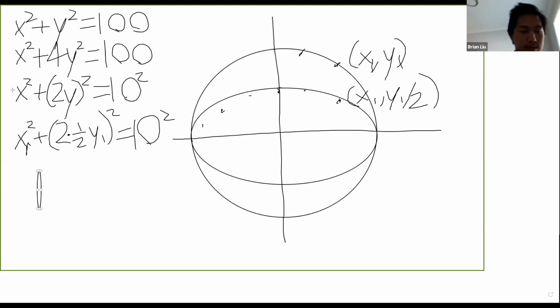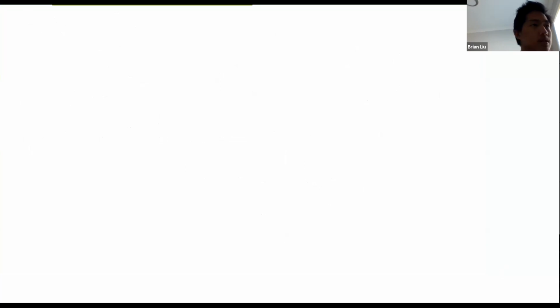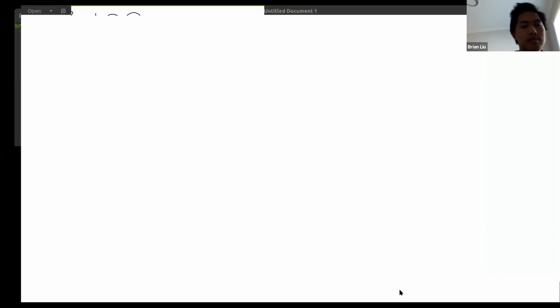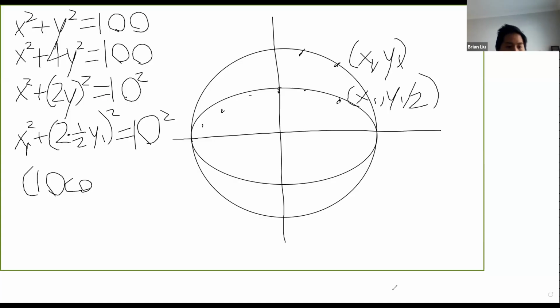Originally, for x squared plus y squared equals 100, we had 10 cosine t, 10 sine t.